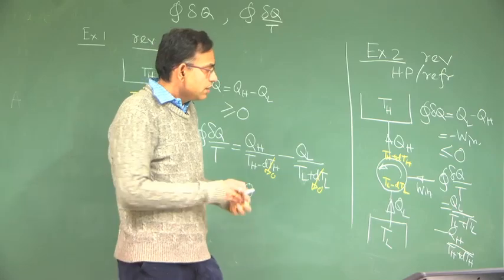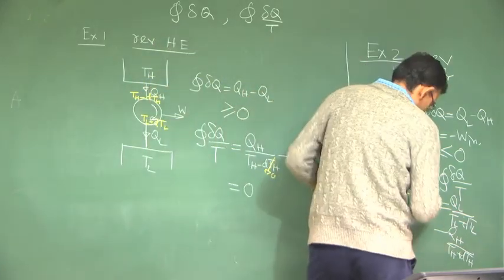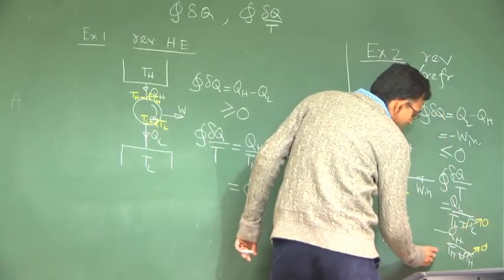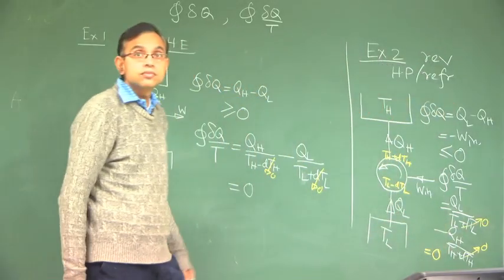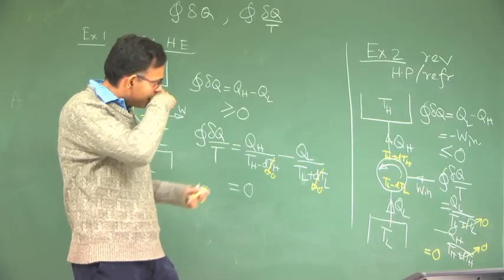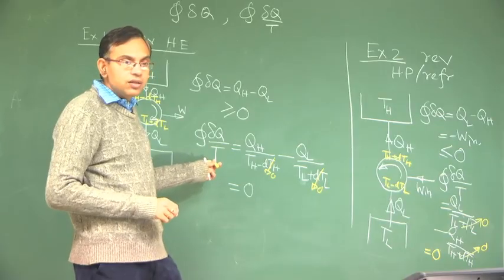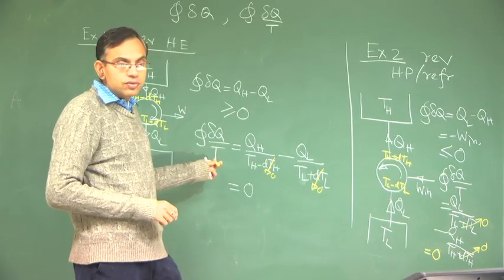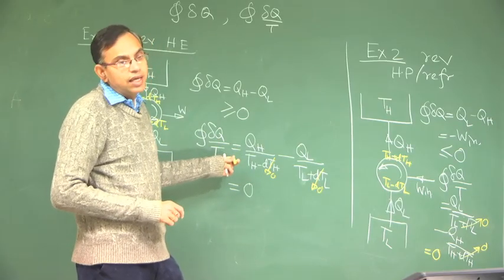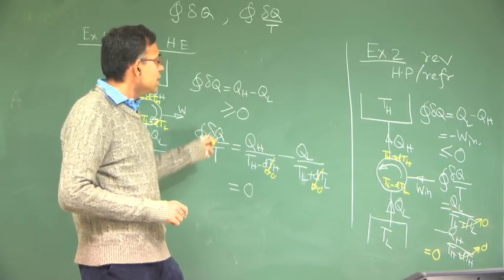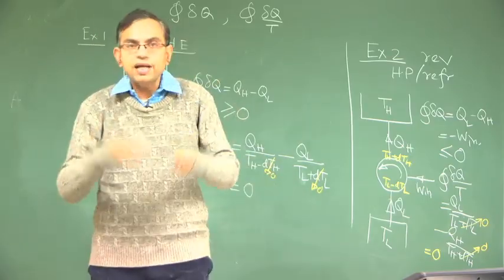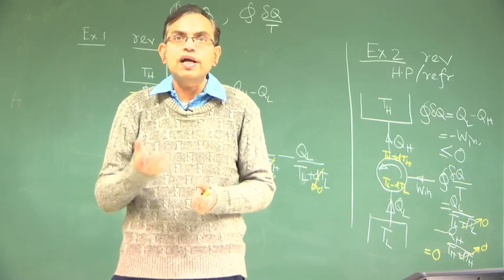Okay. DTL and DTH are all tending to 0. So, this is equal to 0. So, you can see a remarkable parameter: cyclic integral of del q by T is equal to 0 for all reversible cycles, maybe refrigerator, heat pump, heat engine, all types, because all types of cycles can be classified into two categories.